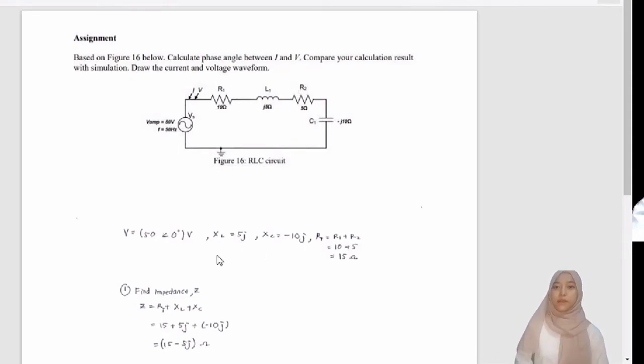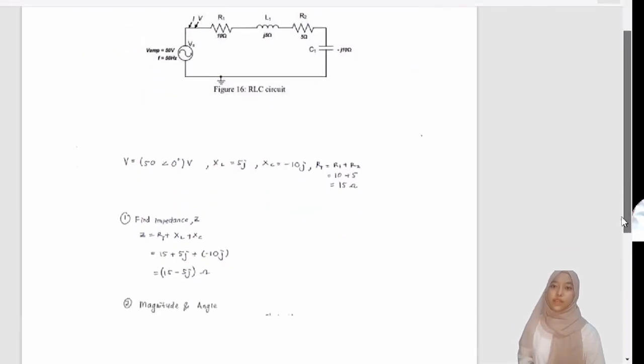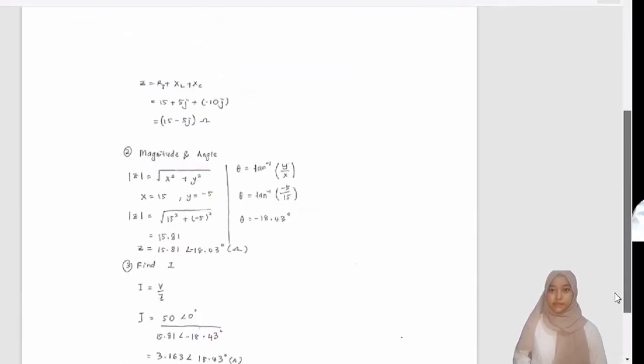And for XL, we know from L1 which is 5j. And for XC, we know from C1 which is negative 10j. And for R total, we know by adding R1 and R2, which is 10 plus 5 equal to 15 ohm. And then we move to find the impedance Z.